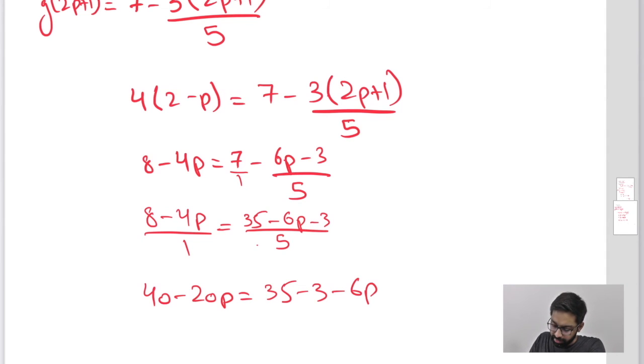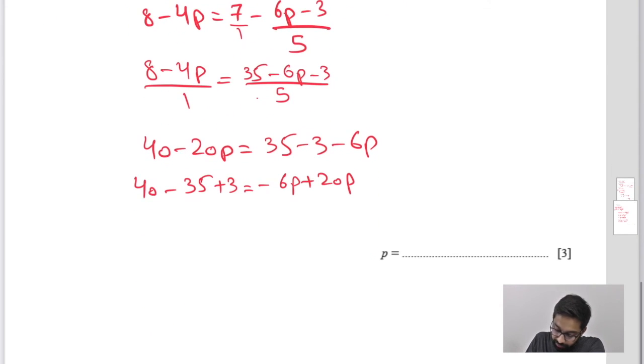The next part is fairly simple. You just move around the variables and the numbers, bring the numbers to one side and the variables to the other side. So when you do that, you have 40 minus 7 plus 3 equal to negative 6p plus 20p. On the left, when you do 40 minus 35 plus 3, you get 5, and 5 plus 3 is going to be 8.